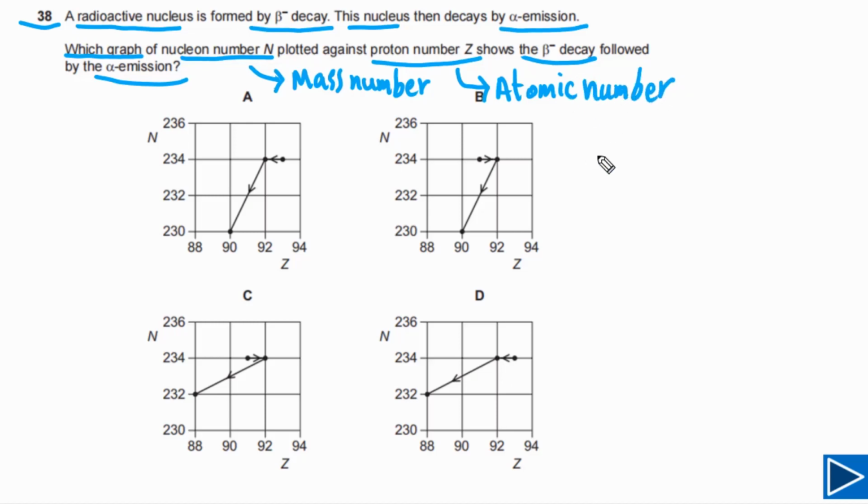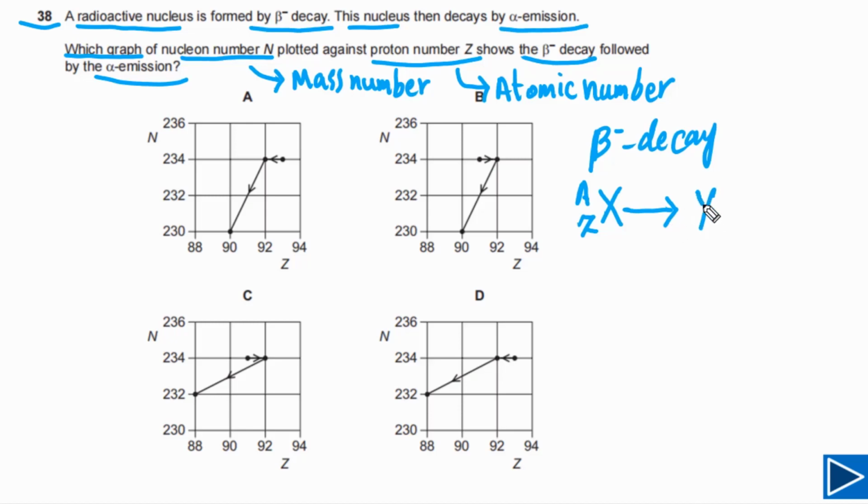Now we need to understand first of all what is beta minus decay. Imagine that we have nucleus X, the atomic number of this nucleus is Z and the mass number is A, and this nucleus decays to another nucleus by emitting a beta minus particle.